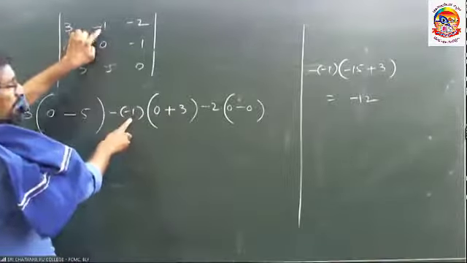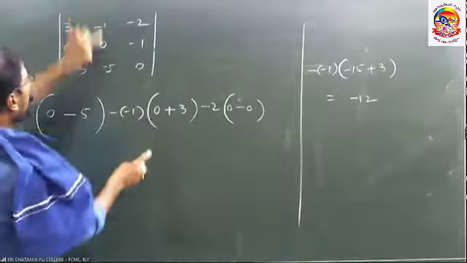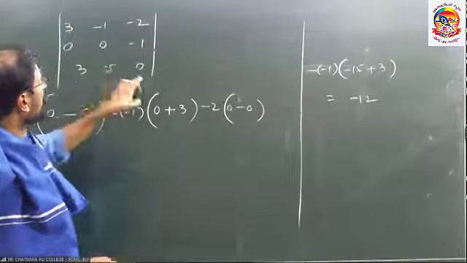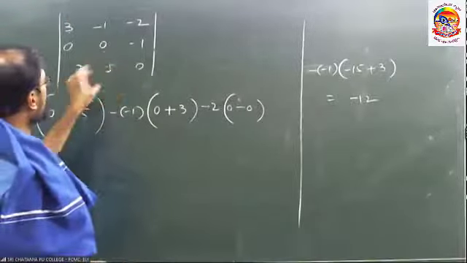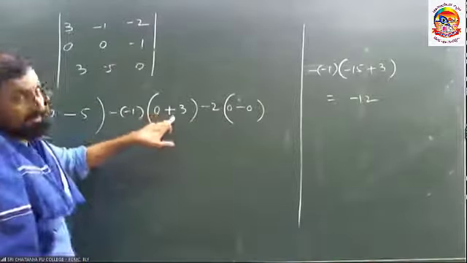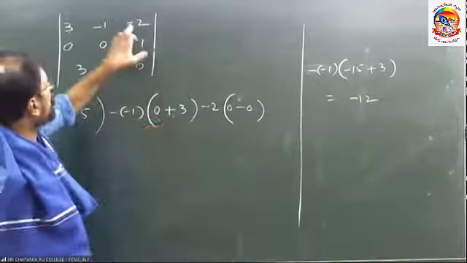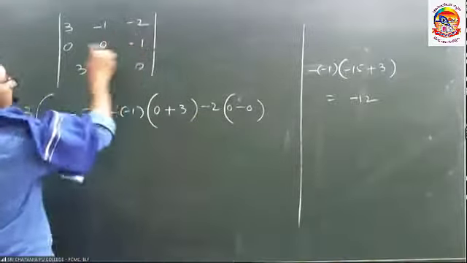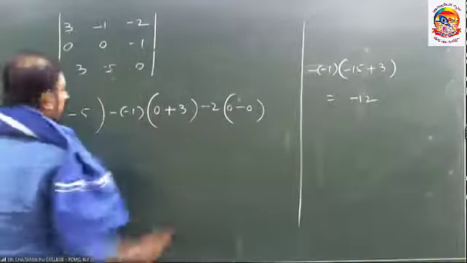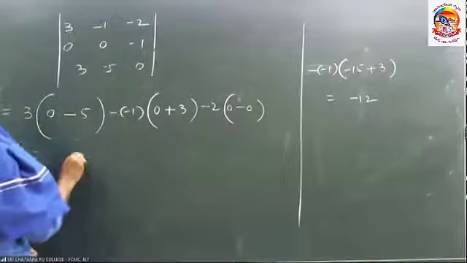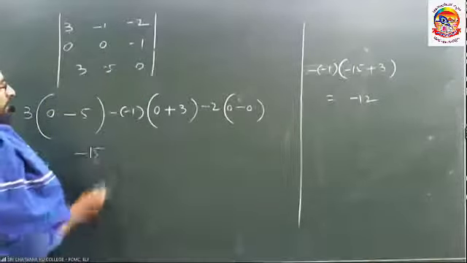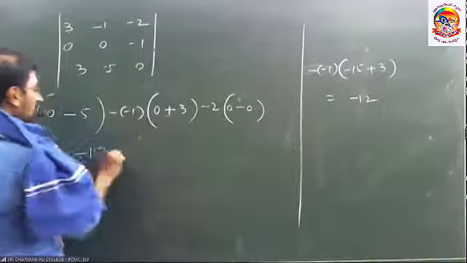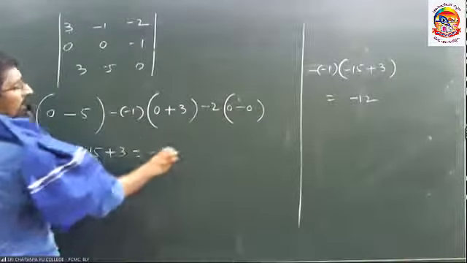Minus 1 into, excluding this column and this row, you will have 4 elements like this. 0 minus of minus, it is positive, it becomes 3. Minus 2 into this column and this row, 0 minus 0. Now you are going to get minus 15. Minus into minus, plus 1 into 3 is equal to 3. You are going to get minus 12.